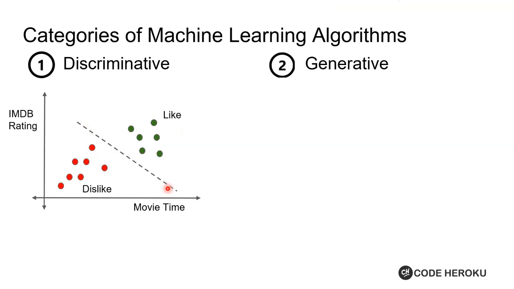But in practice, discriminative algorithms are one of the most powerful algorithms out there. Any neural network or the gradient descent algorithm that you will study going ahead in the class is a discriminative algorithm.